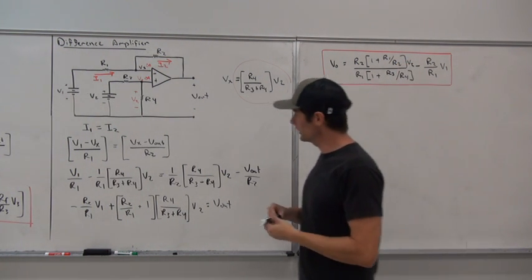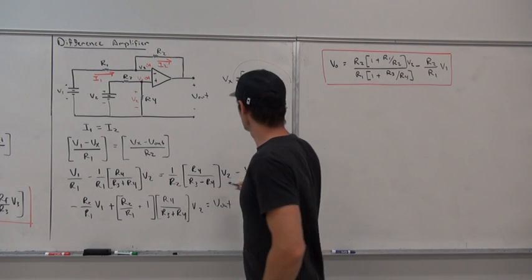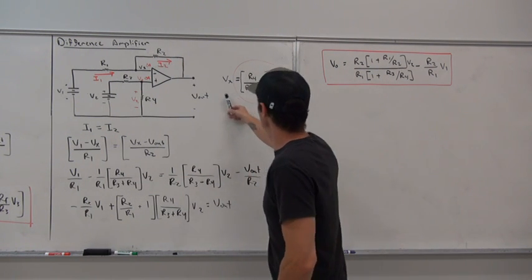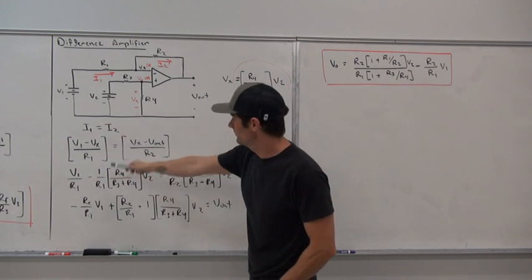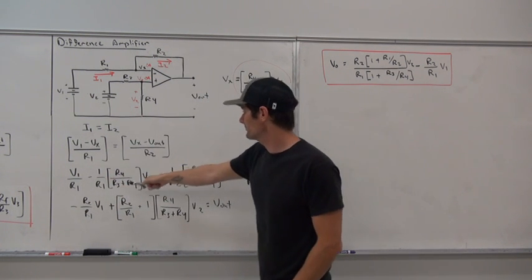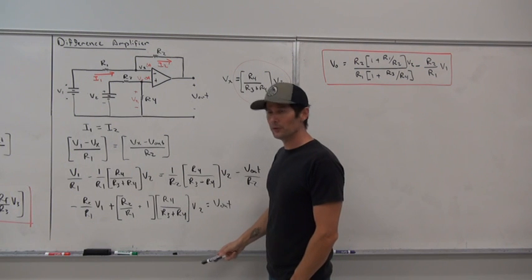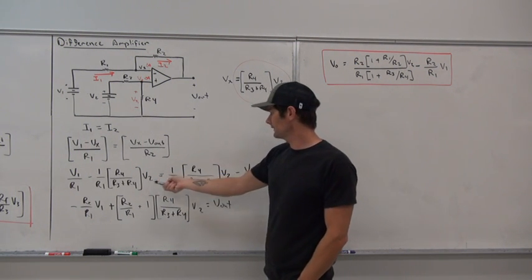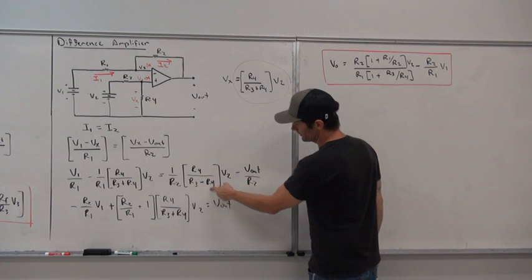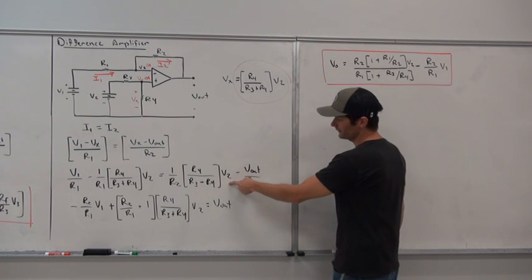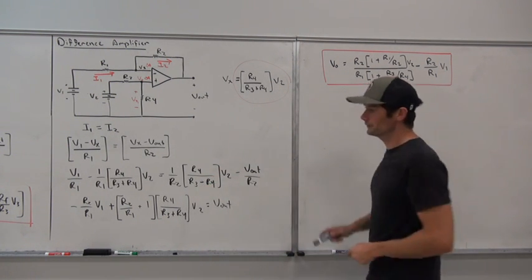And so if we go ahead and expand this equation out by substituting in what we had for Vx, then we get V1 over R1 minus 1 over R1 times R4 over (R3 plus R4) times V2, and that's equal to 1 over R2 times R4 over (R3 plus R4) times V2 minus Vout over R2.